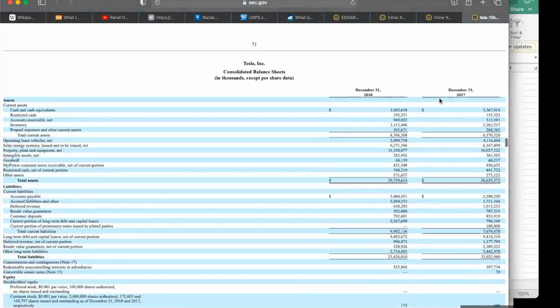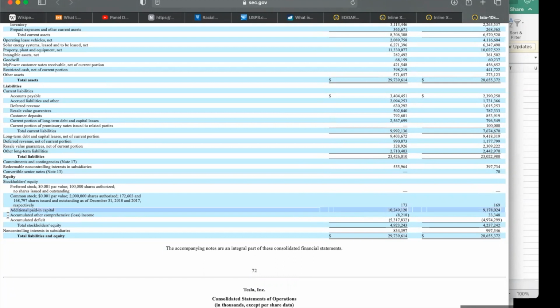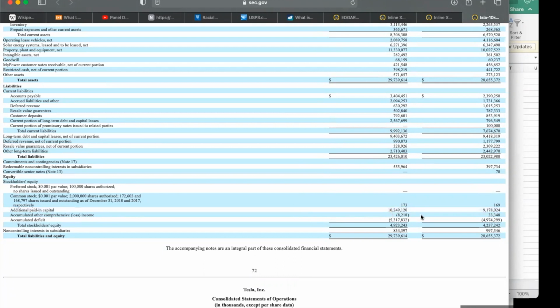And again, this is from the SEC's website. You can get all of this information. APIC, additional paid-in capital, right here. Going up by a fairly large amount. So they are selling some shares, some treasury shares.